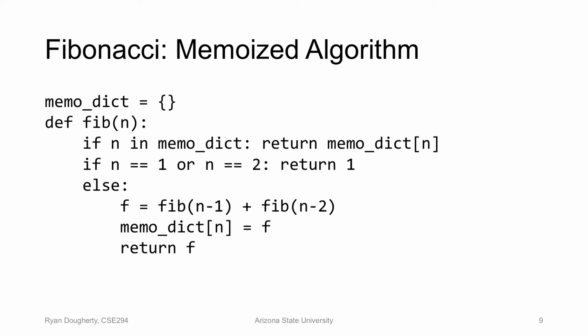Could you technically split fib n minus 1 and n minus 2 up into different threads? And would it run faster that way? You would have an exponential number of threads then, because you're going to still be doing the computation of fib n minus 2 twice.